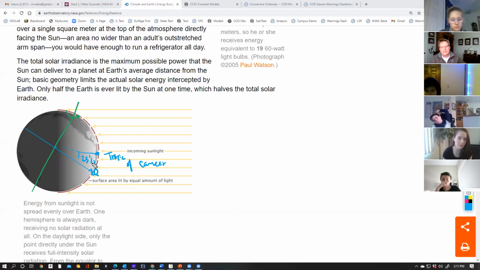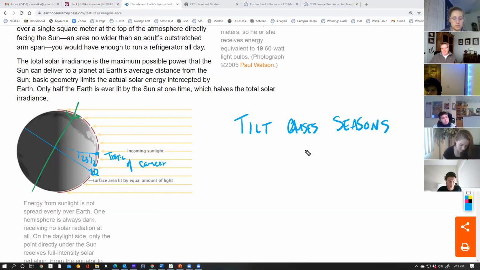So what does the tilt cause? Is it seasons? Tilt causes seasons. And it's all based upon insolation, and the maximum insolation changes. What are the two things that the tilt causes?